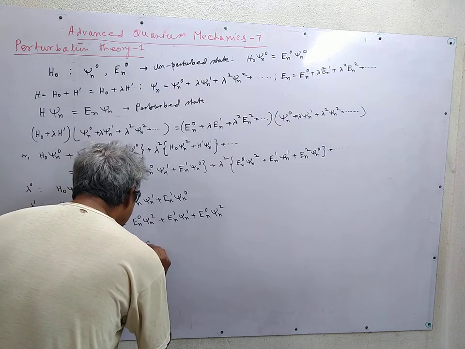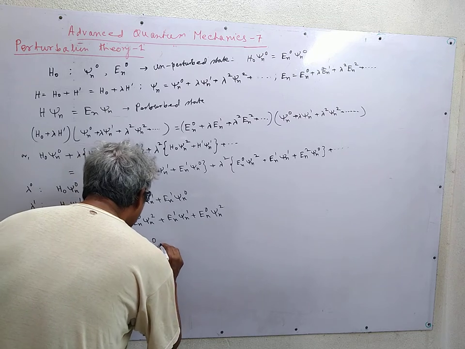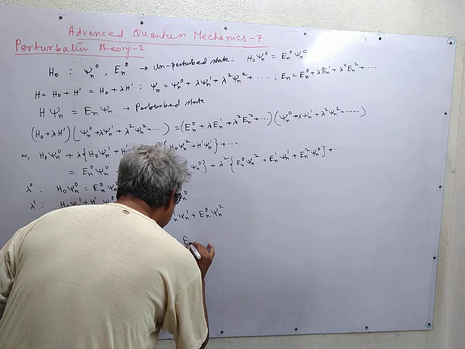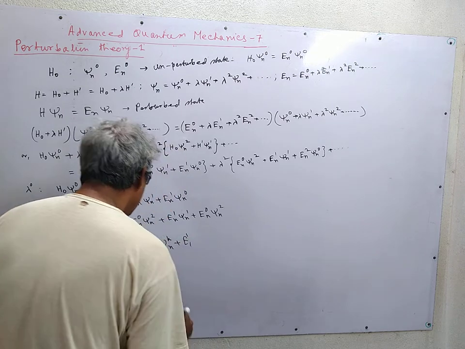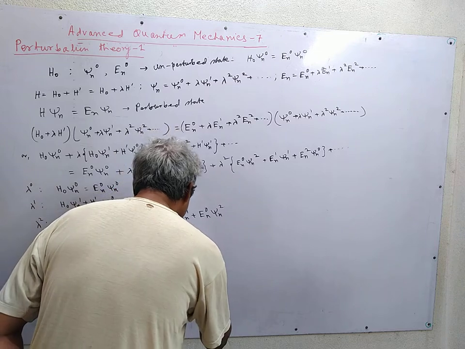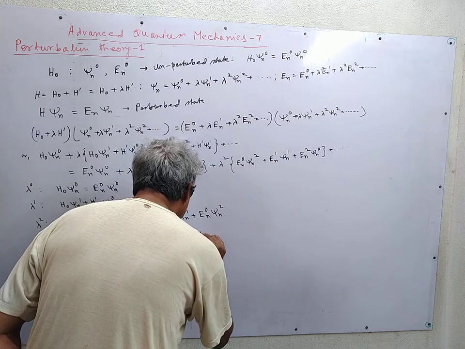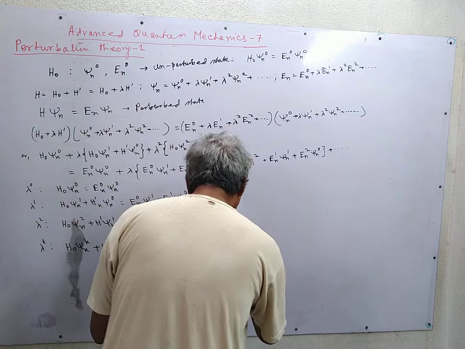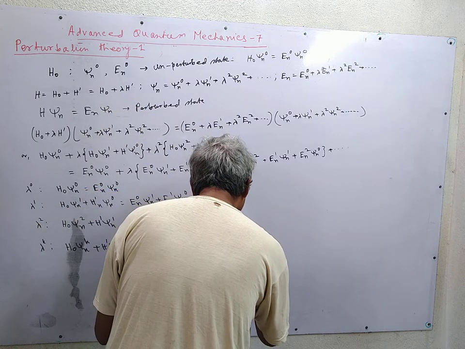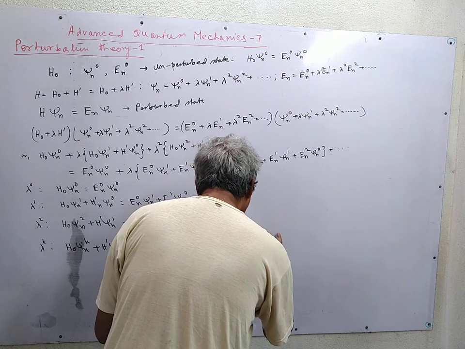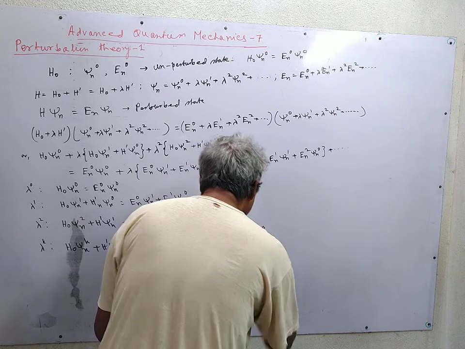On this side we have En0 psi nk plus En1 psi n(k minus 1). Ultimately the last term will be Enk psi n0.